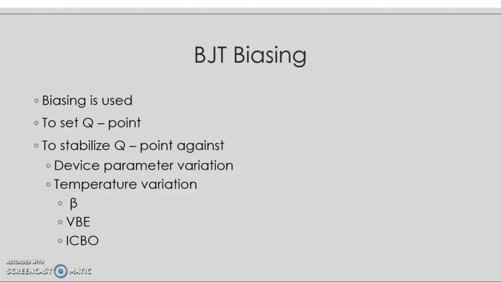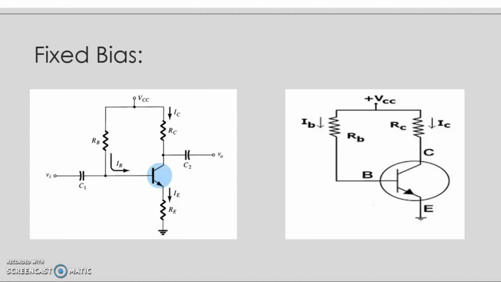So we need the Q point to be stable. Another function of the biasing circuit is to stabilize the Q point. We cannot control the temperature, which is definitely going to vary, but we can control the resulting variation. That is the function of the biasing circuit.